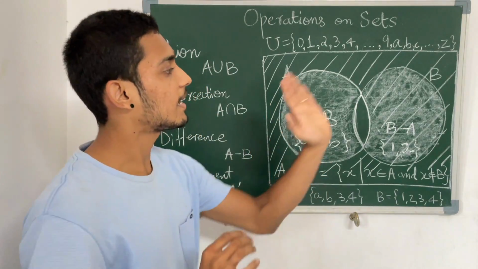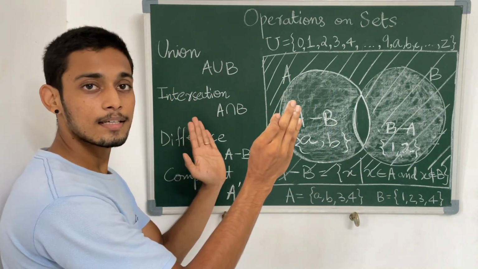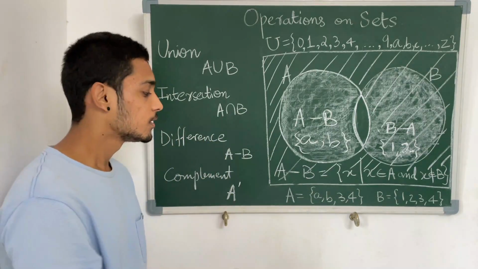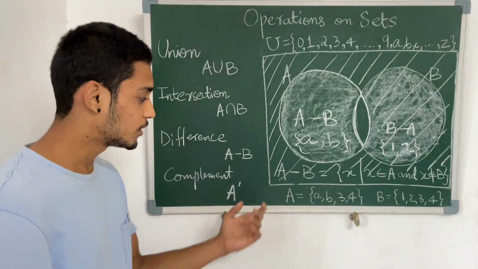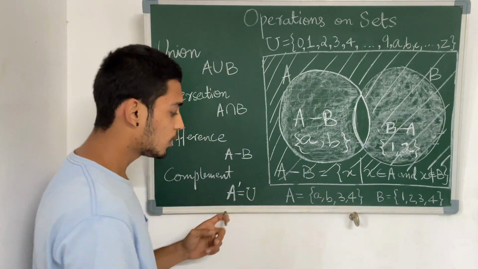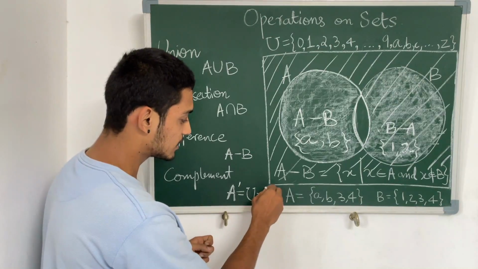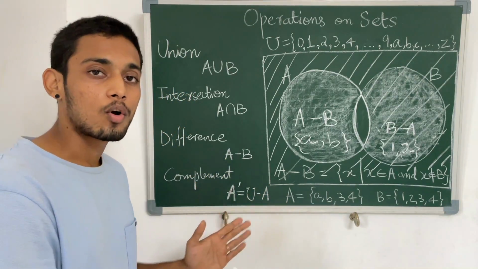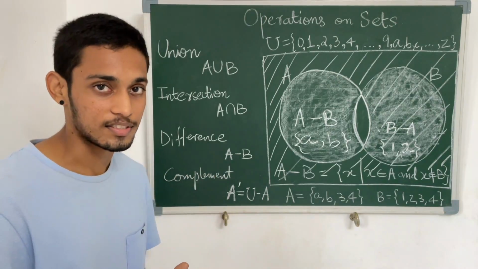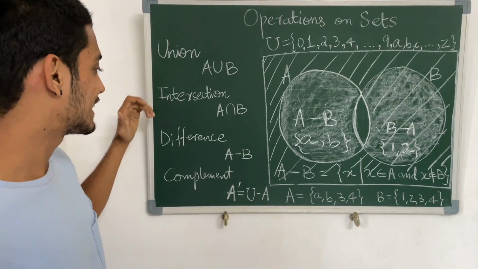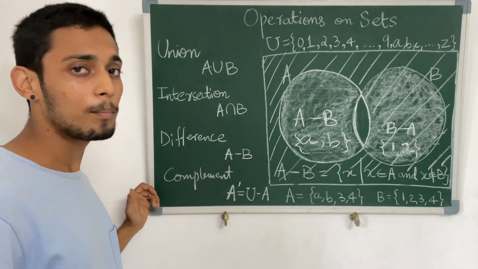We are taking the entire universal set, removing the elements of A from it, and that becomes the complement. That's it. So that is the set A complement. It can also be written as all the elements in the set U except for the elements which are there in A. It is used very widely, so it is a common operation on sets. We take a complement of a set. That's it. So now we understand the meaning of union, intersection, difference and complement of a set.